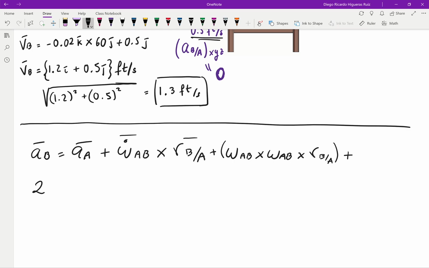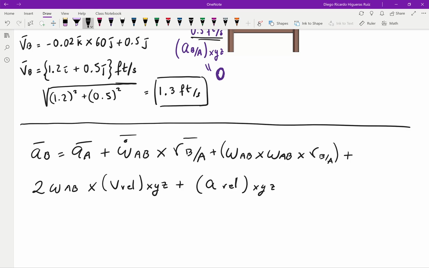Okay, now we have our Coriolis acceleration term. Finally, the relative acceleration in x, y, z.